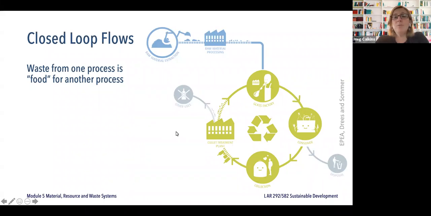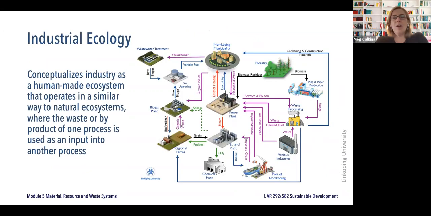And you will hear in some of the TED Talk and the other readings that waste from one process is conceived of as food for another. So if we look at this on a large scale, we could have something called industrial ecology. This essentially conceptualizes industries as a human-made ecosystem that operates in a similar way to natural ecosystems.